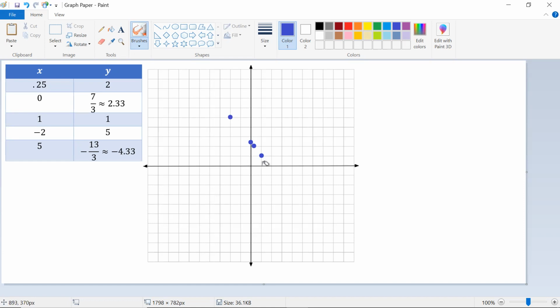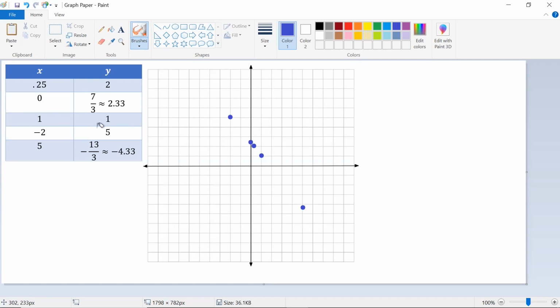And then (5, -4.33) is about right there.